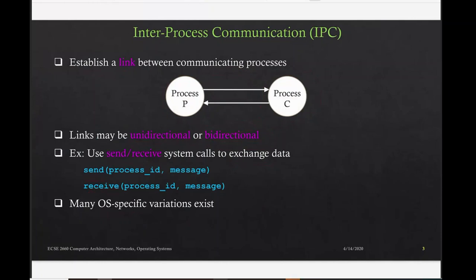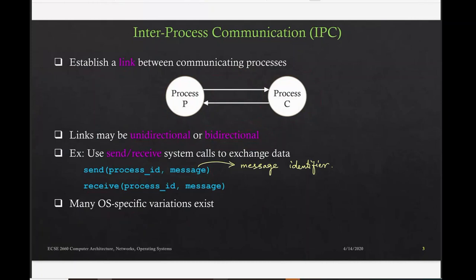Those are the system calls, and you pass information to that system call in the form of a process ID and a message identifier. So it's not the actual message, but an identifier that points to a message, right?